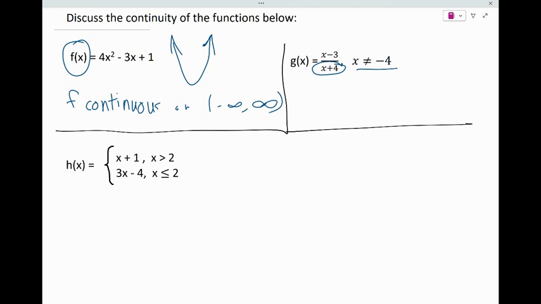Now, we know from our experience with these functions before that every other point has a value and the function is well behaved everywhere else. So in this particular case, everywhere the function exists, it's continuous, except at -4. So we want to say, sorry, not f, g.